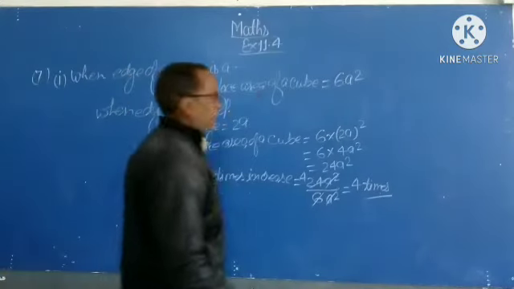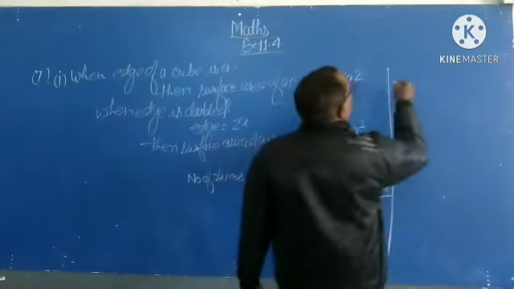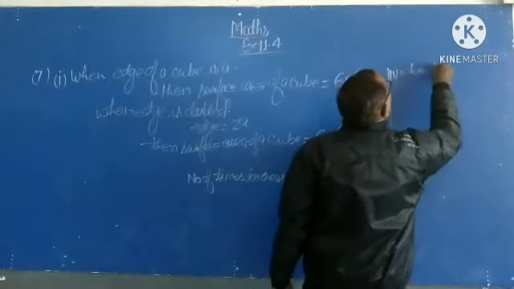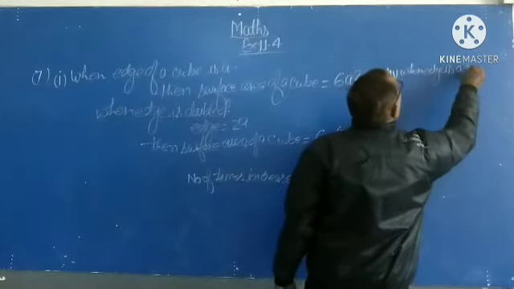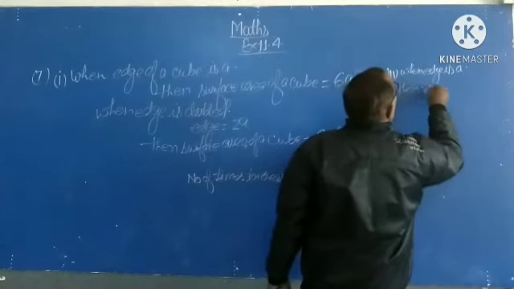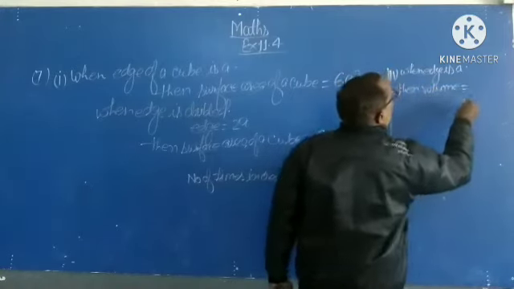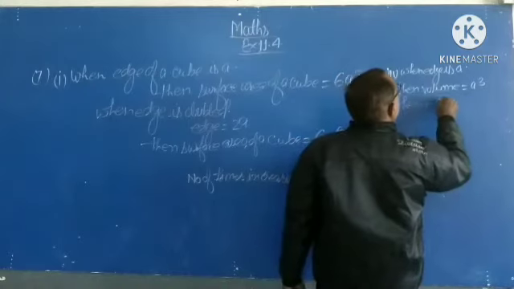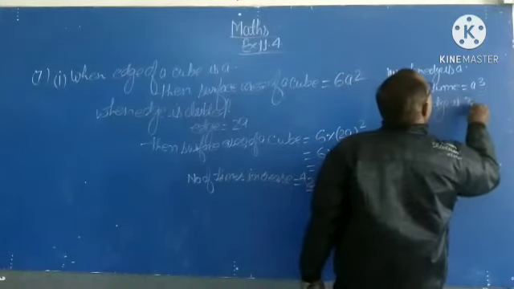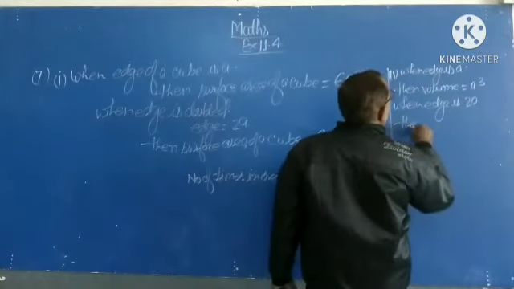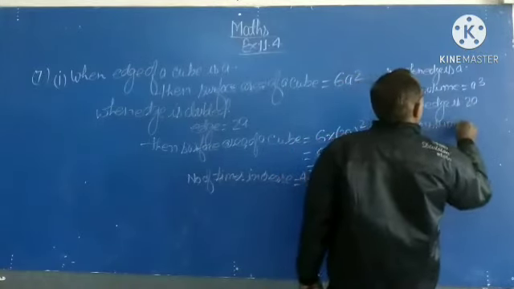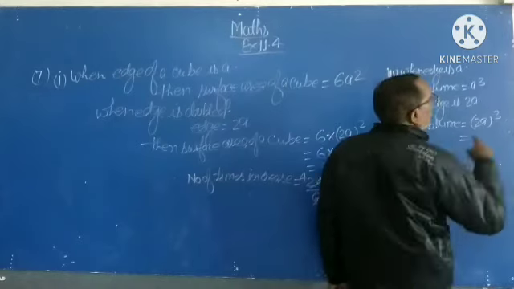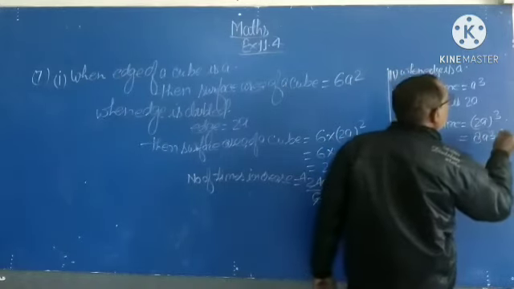And second part is, when edge is A, then volume is equal to A cube. When edge is 2A, then volume is equal to 2A cube, means 2A into 2A into 2A, that is 8A cube.